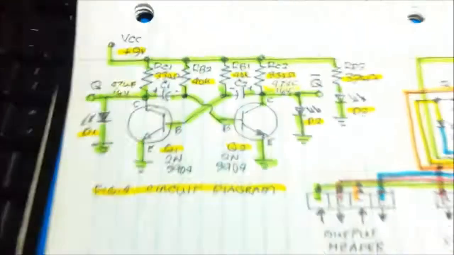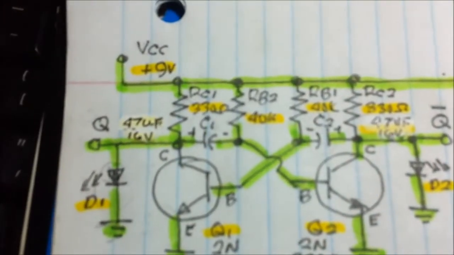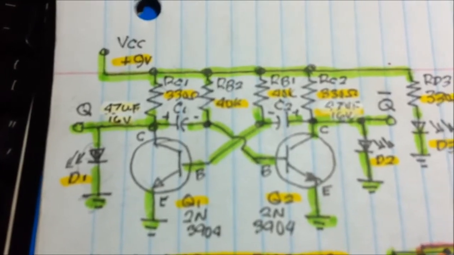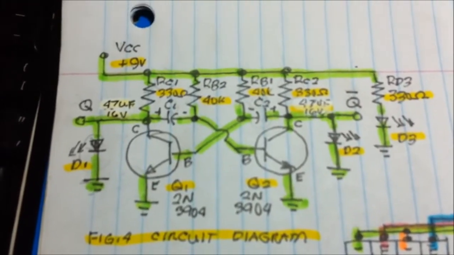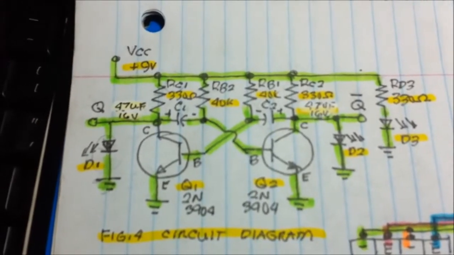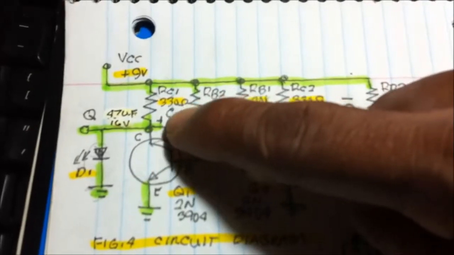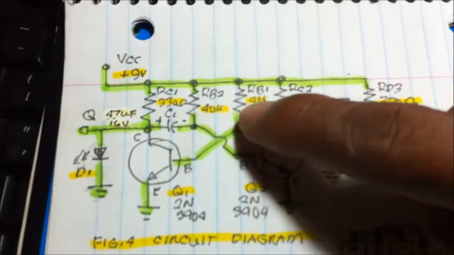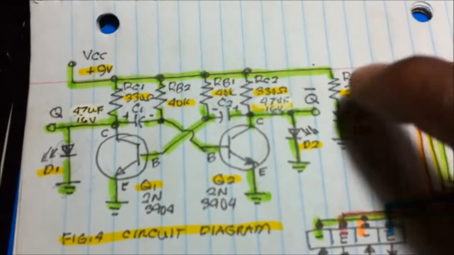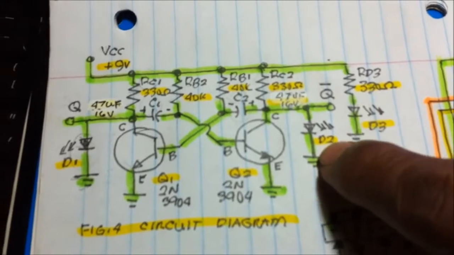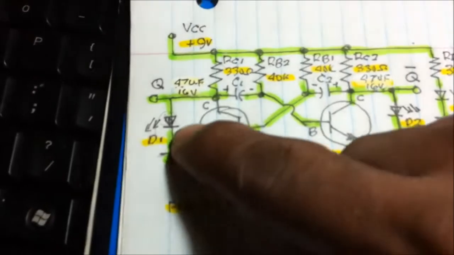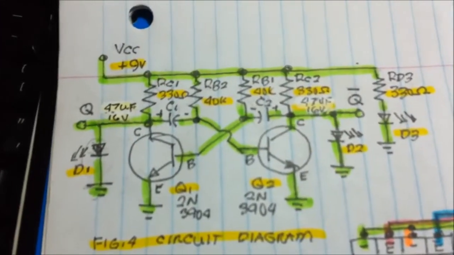And now you can use this schematic diagram for making the transistor astable multivibrator circuit. RC1 330 ohms, RB1 and RB2 40K, RC2 330, power on LED, output 2, Q2, Q1, 2N3904. That is the circuit diagram.